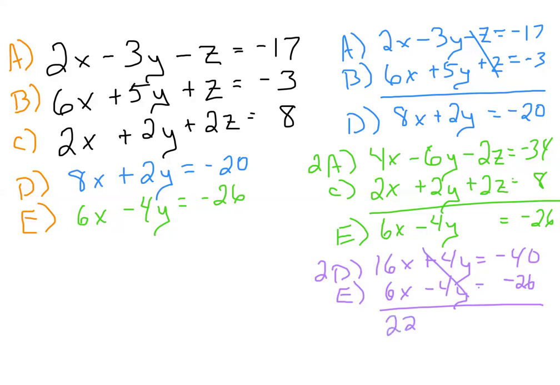This gets 22x equals negative 66. Gee, told you, man, it's so easy to make a mistake. And when I divide by 22, I get x equals negative 3.